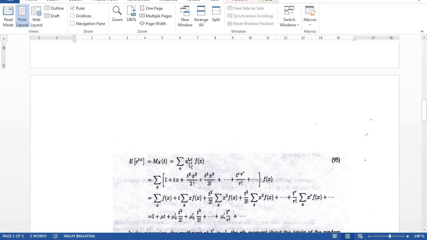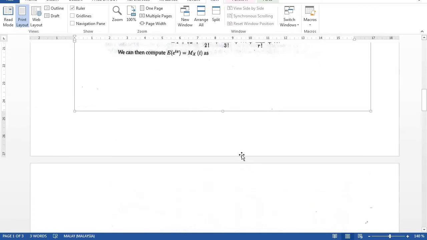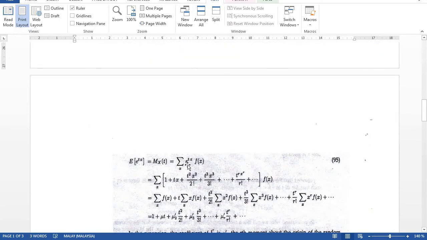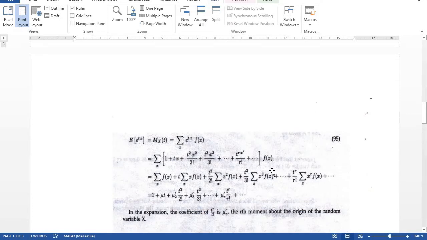f(x). This one we already solved using the Maclaurin series above. We just substitute here. So we have solved e to the power tx using the Maclaurin series, and here we replace it, times f(x).